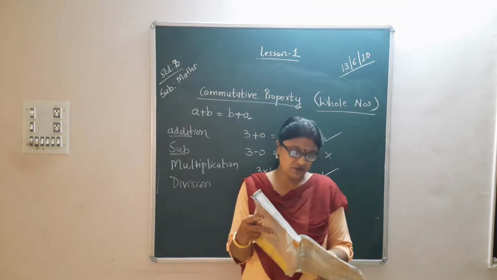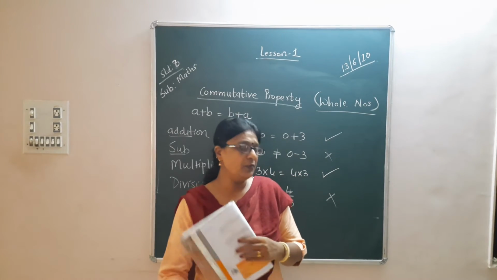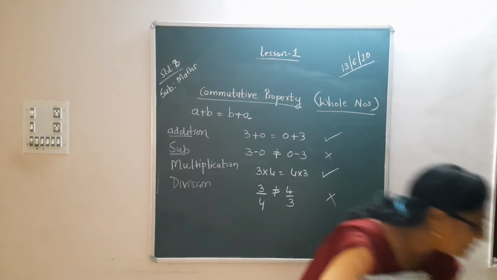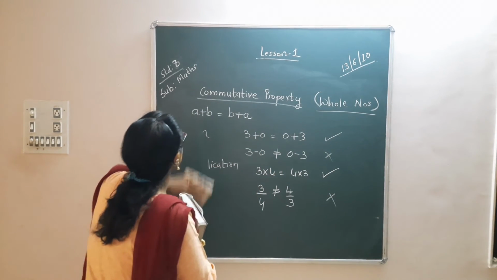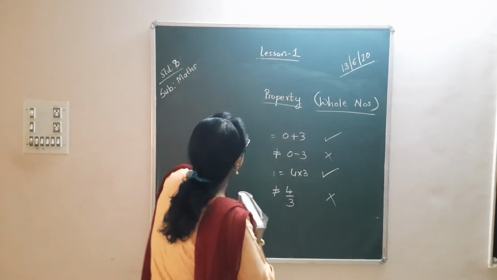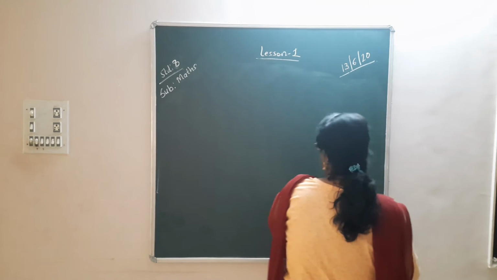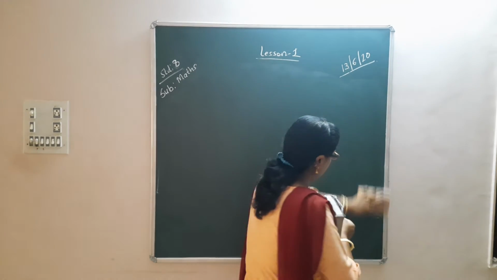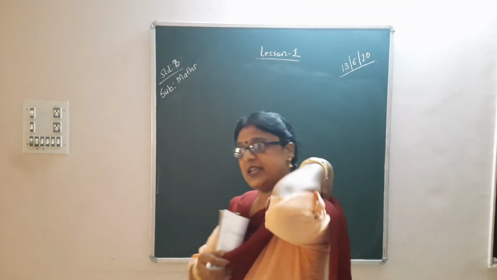Okay, so you please finish this table. Understood? Now we come to the third property, that is associative property. Now first of all you should know what is the meaning of associative property. Then we will discuss all the properties again in short, but you should know what this property means.